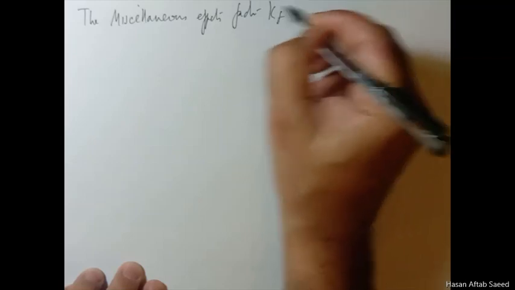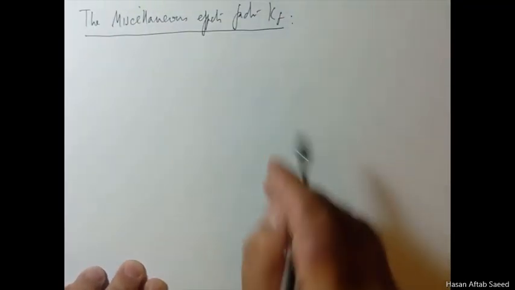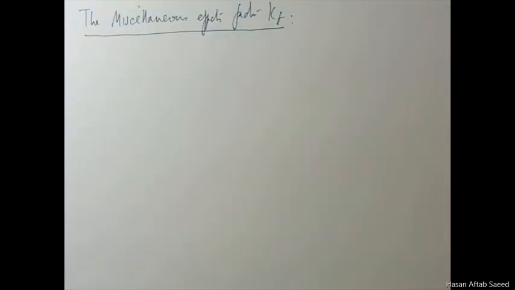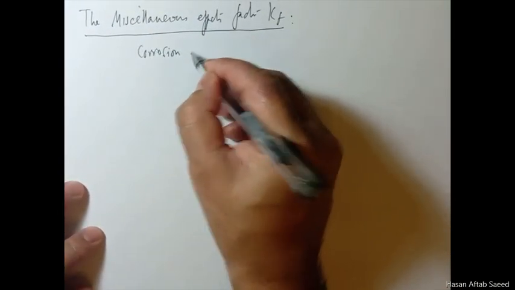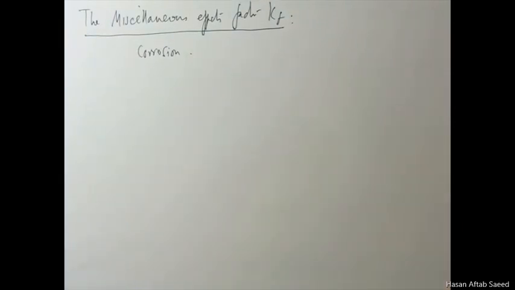Factor KF. Now, any of the things that we haven't discussed: we have discussed temperature, size, loading, and reliability, but there can be many things still. For example, if the environment is prone to corrosion, obviously corrosion plays its part.